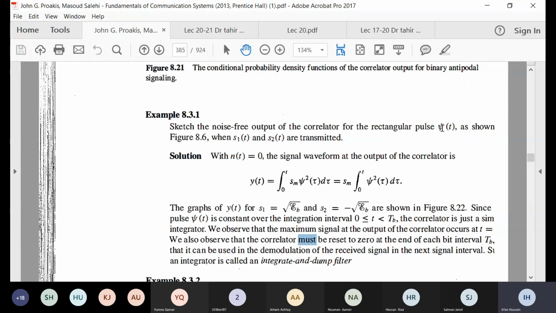We have a rectangular pulse S1 in figure 8.6. When S1 and S2 are transmitted, this is a type of antipodal signaling, and S1 and S2 you can see are root Eb and minus root Eb. The y of t will be Sm times psi of t. This will finally become psi squared of t, as we have already done. So you'll be getting your Sms.